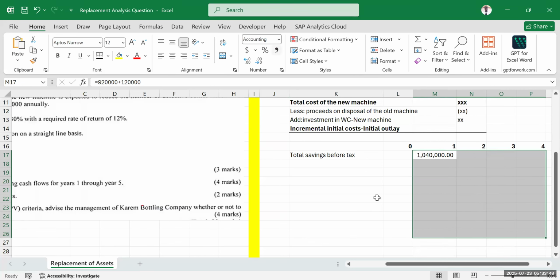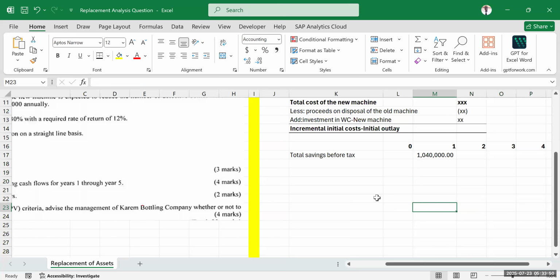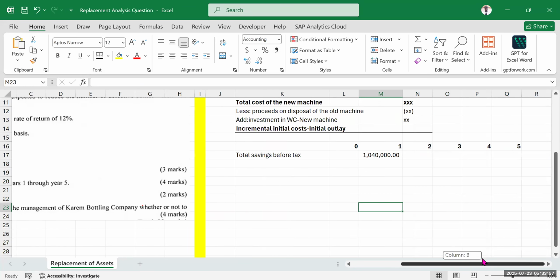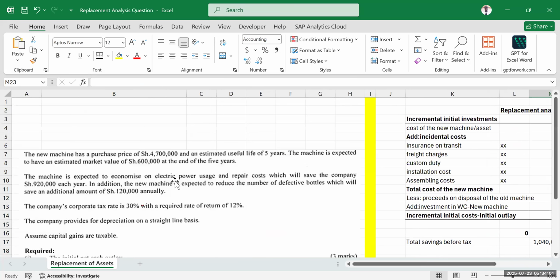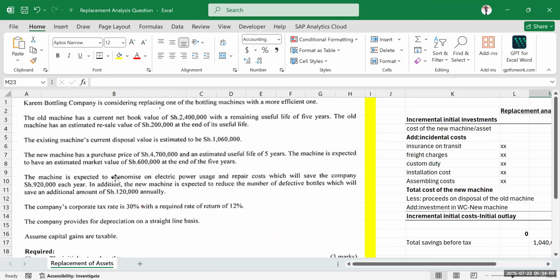Then we ask ourselves again, if that's what happens in year 1, what cost savings will we have in year 2, in year 3, and in year 4, and finally in the last year? Did the examiner mention anything to do with the various years' cost savings? In this paragraph, they just mentioned the machine will save or economize power usage at 920 each year.